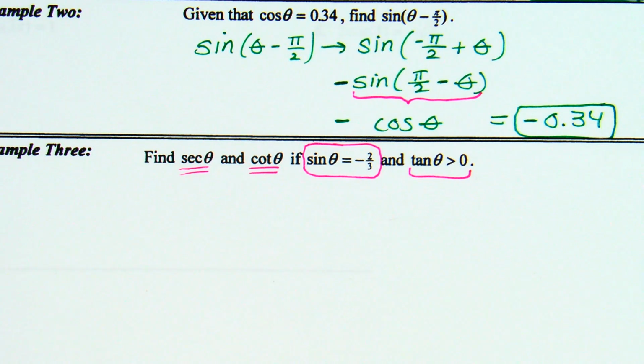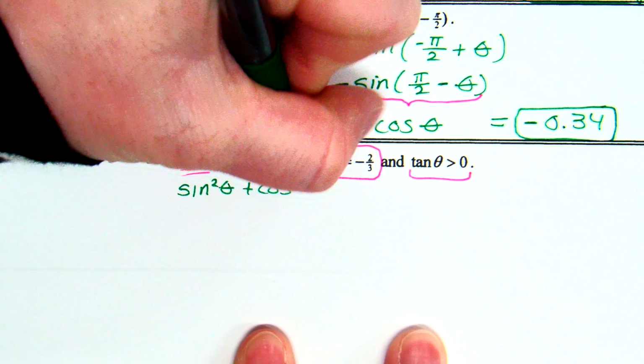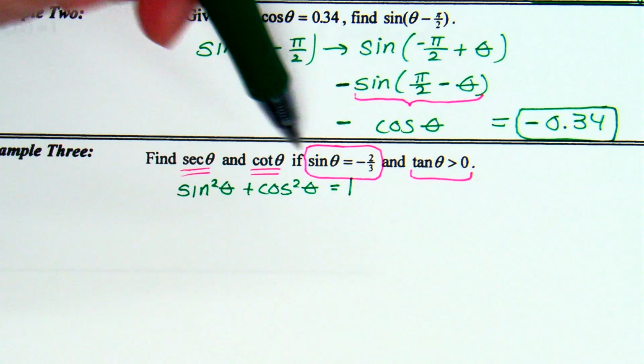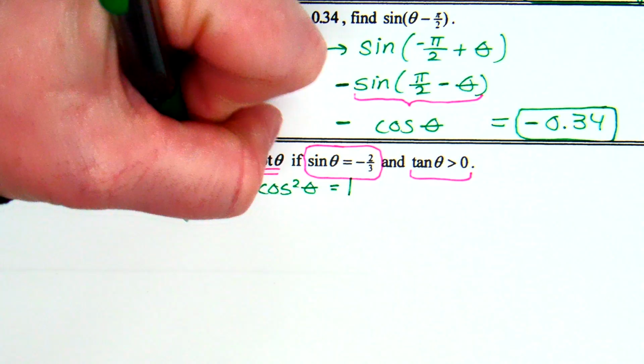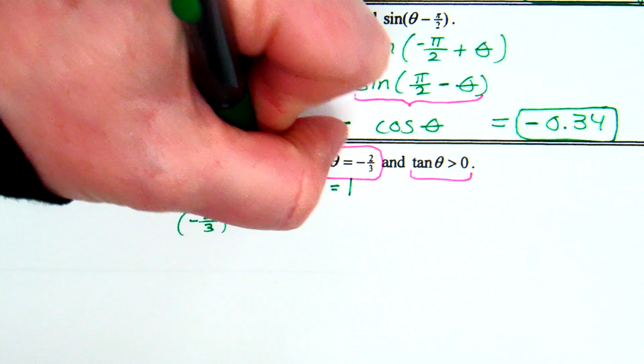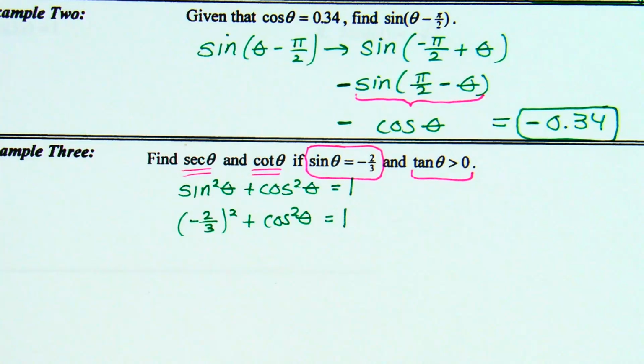Okay, let's do it. So I'm going to write down the fact that sine squared theta plus cosine squared theta equals 1. So we're going to fill in what? Sine. So I'm going to say negative 2/3 squared plus cosine squared theta equals 1.